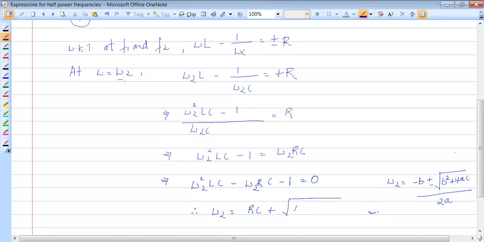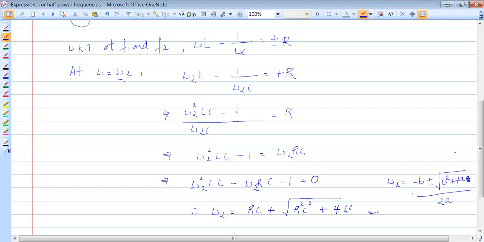so it would be R squared C squared plus 4 times, 4 times what? A. What is A? LC. So is it 4AC or 4A? There is no C at all. Why did I write this? So this is 4A, b squared minus 4A. C is also there, yes, but C is 1.